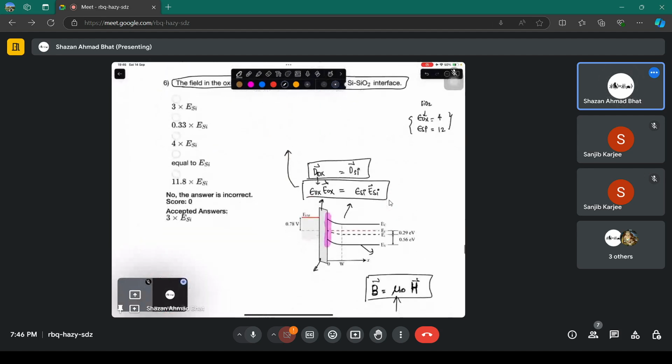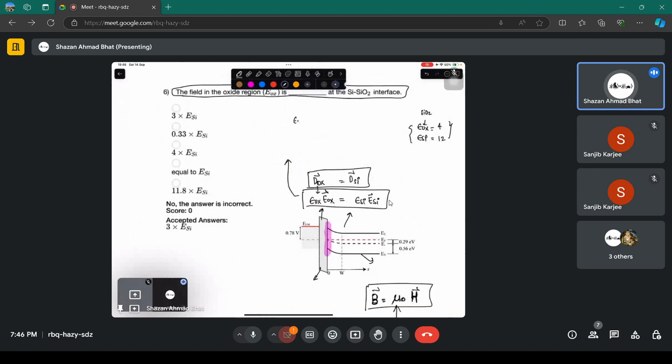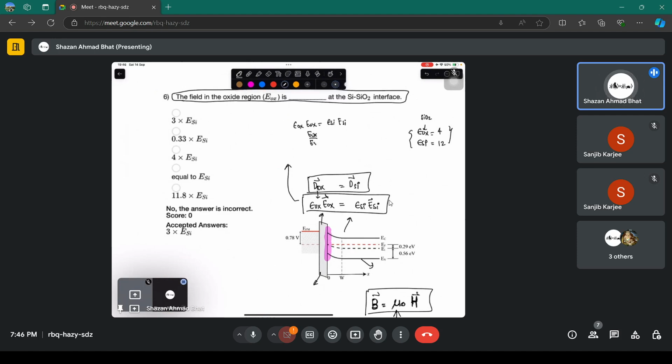And that means now you can compute the ratio. Epsilon ox times E ox is equal to epsilon silicon times E silicon. That means E ox over E silicon is epsilon silicon over epsilon ox. This is 12 over 4, which is 3. That means E ox is equal to 3 times E silicon.